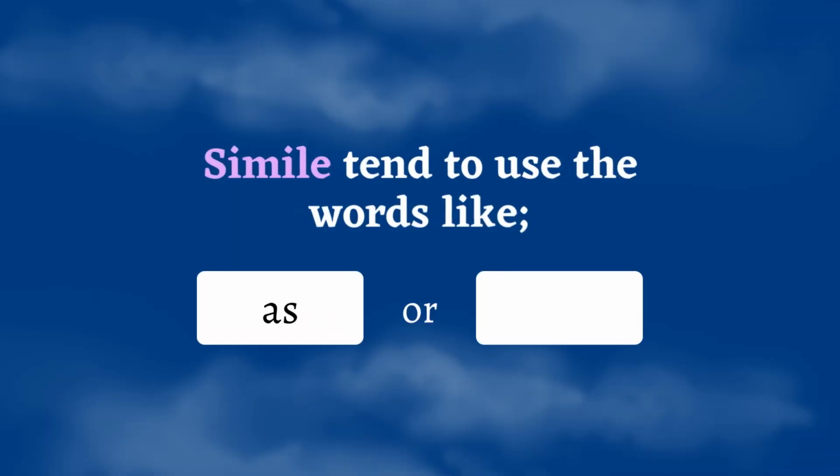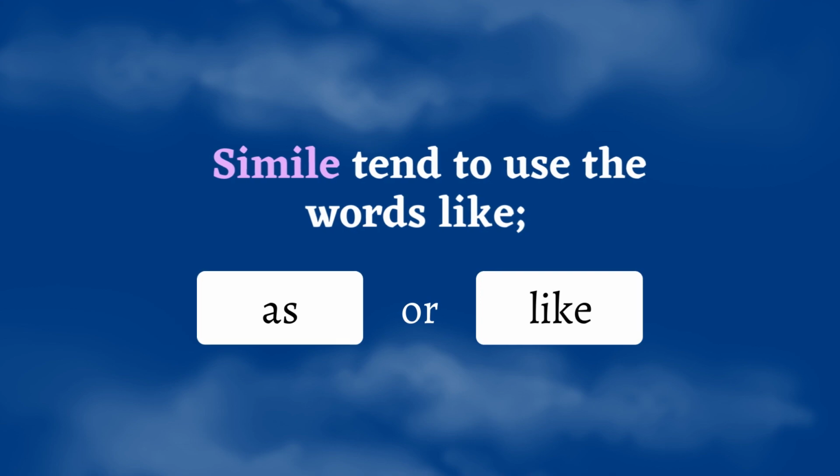Now, a simile, the difference between that would be like when you use words like as or like. So sweet as sugar. You're not actually sweet as sugar, at least I don't think, but that's what it is. It's metaphors and similes. It doesn't matter as long as you use them. If you know which one you're using, it will get easier over time.